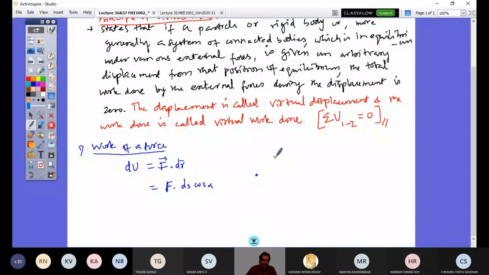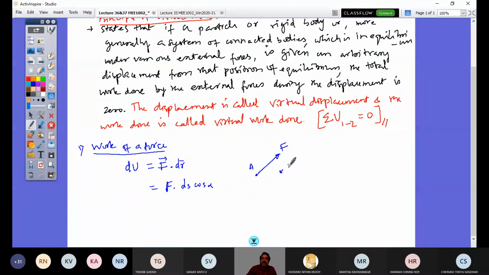So I have a point A referring to a particle, and this point is acted upon by a force, say F. And this force is making this point go to a next instant distance.